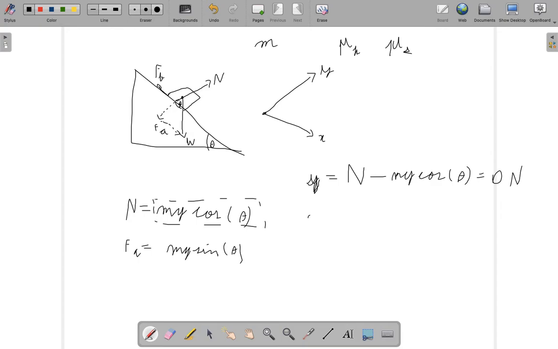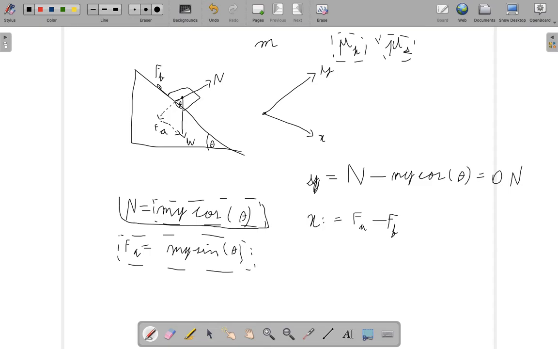So now if we take our x-plane, we see things a little different over here. We know in our positive x-plane we have a force of Fa acting down the ramp, minus a force of F friction that's acting up the ramp. So our Fa is just going to be mg sine theta. And note, our friction will be the coefficient of kinetic or static friction, depending on whether the object is moving or not, times the normal force that's given over here.